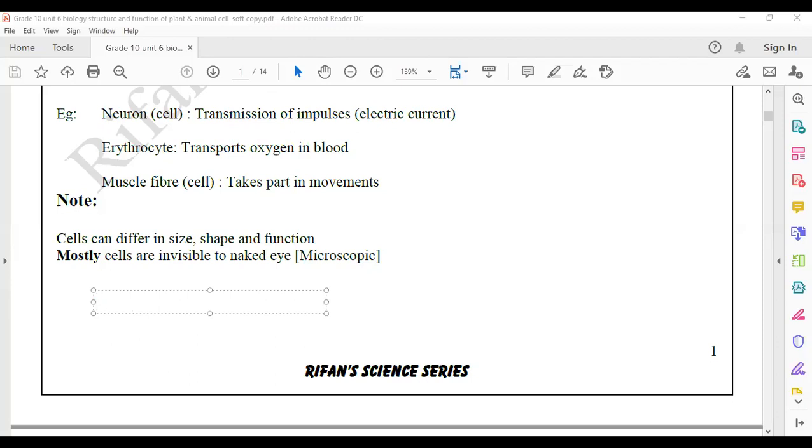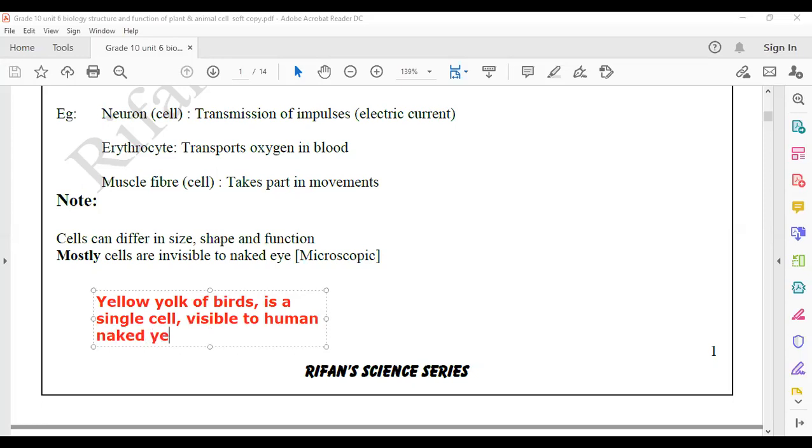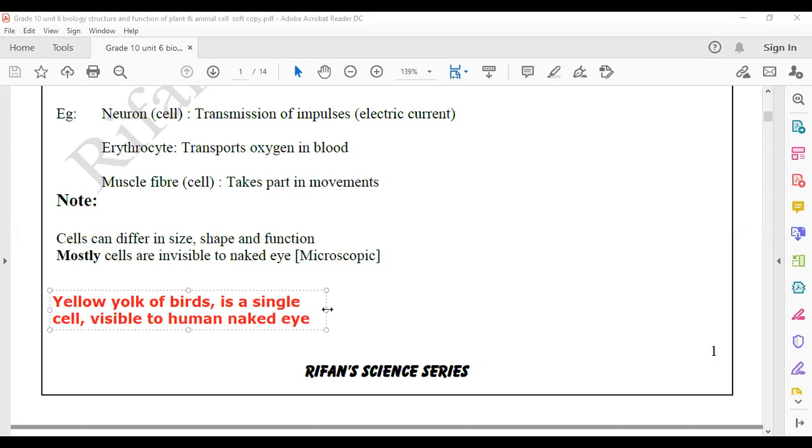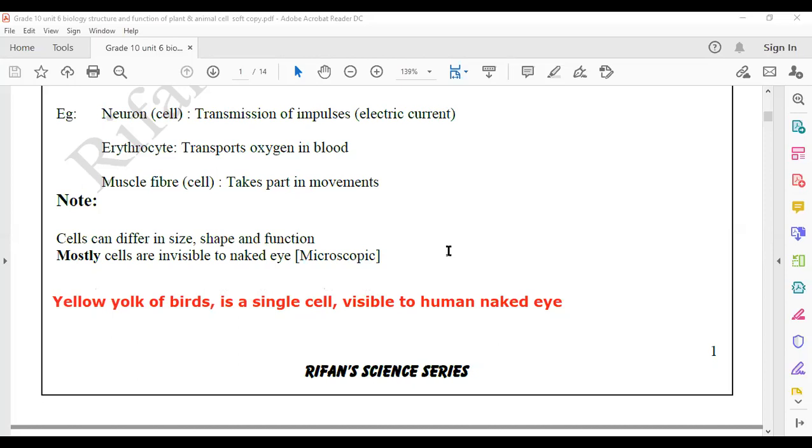The yellow yolk of birds is a single cell visible to the naked eye, human naked eye. Complete. Put me a done mark.